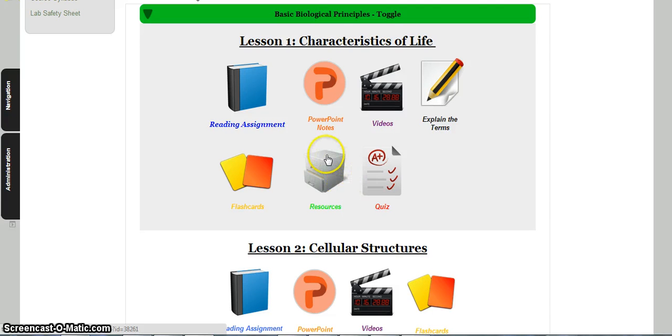The file cabinet icon represents resources, so online resources, and if there's any paper resources or documents that you need to access, they would also be in the resources icon. And then the last thing here is the quiz, so if there's quizzes that we're going to be taking in that chapter, those will be located on that icon.